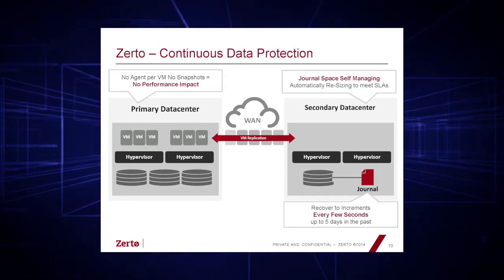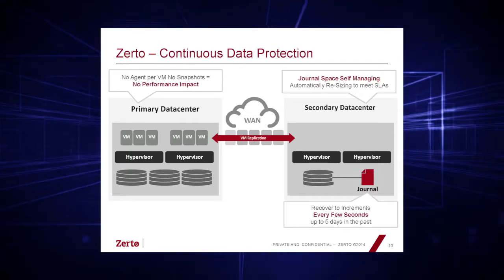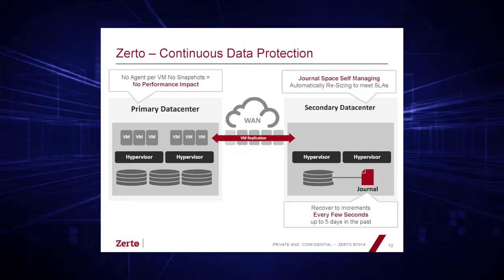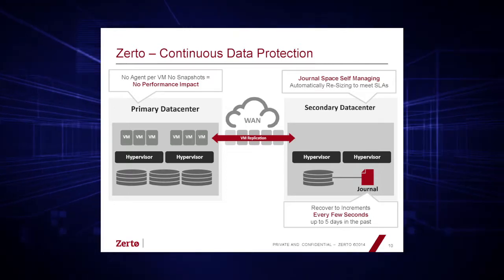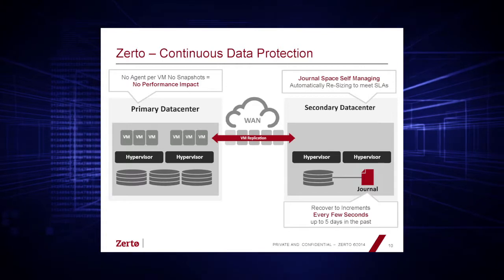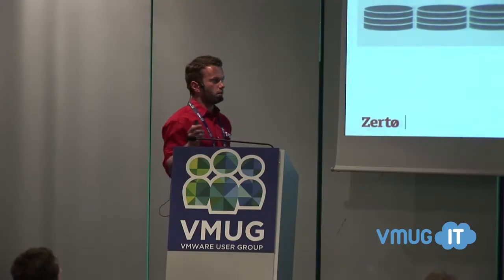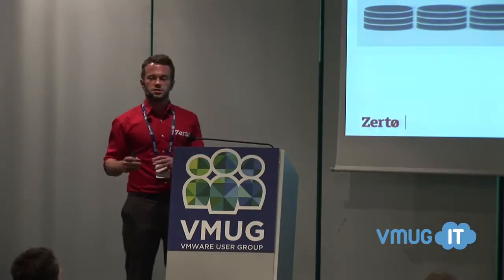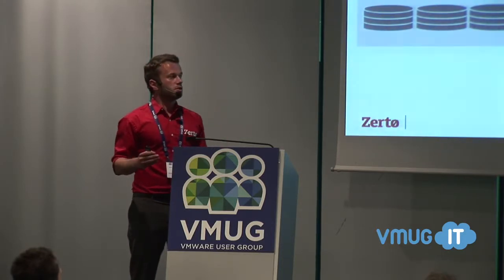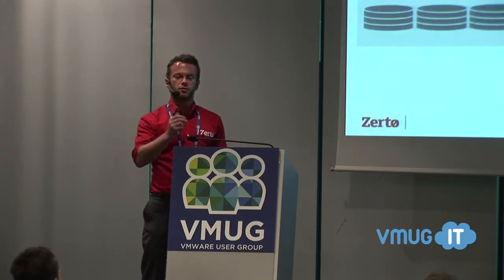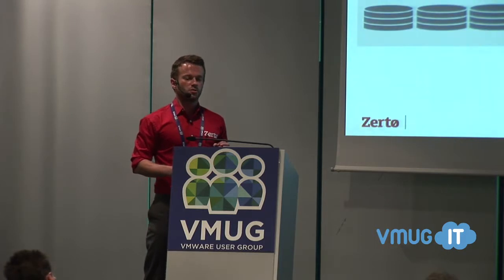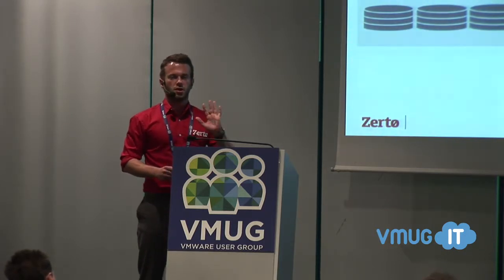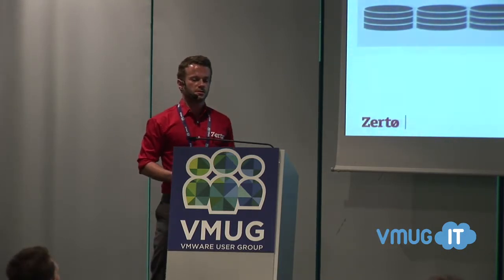So what do we do for continuous data protection? There's no agent inside each VM, and we're not using any form of snapshots, so there's no performance impact with our replication. And we keep a journal of all the changes in the recovery site, which allows you to rewind your virtual machines back in time to increments every few seconds in up to 5 days in the past.